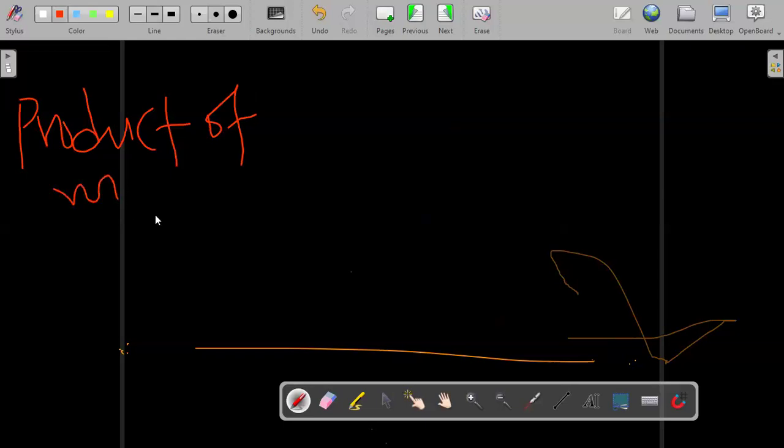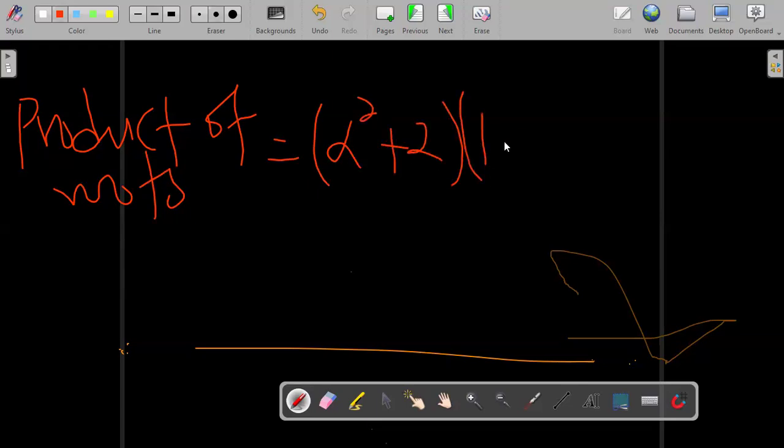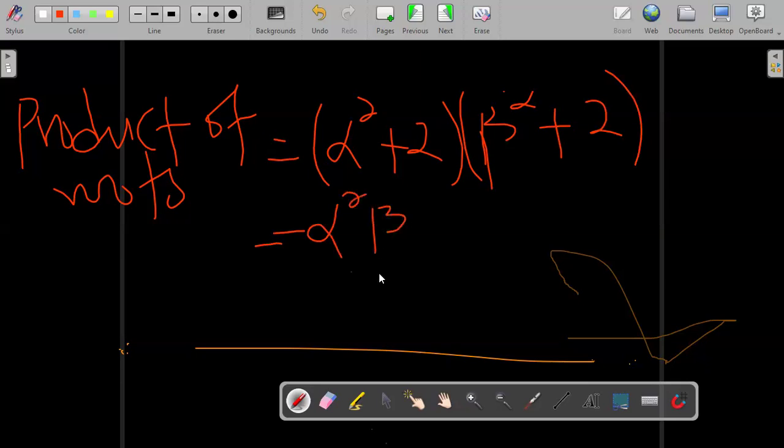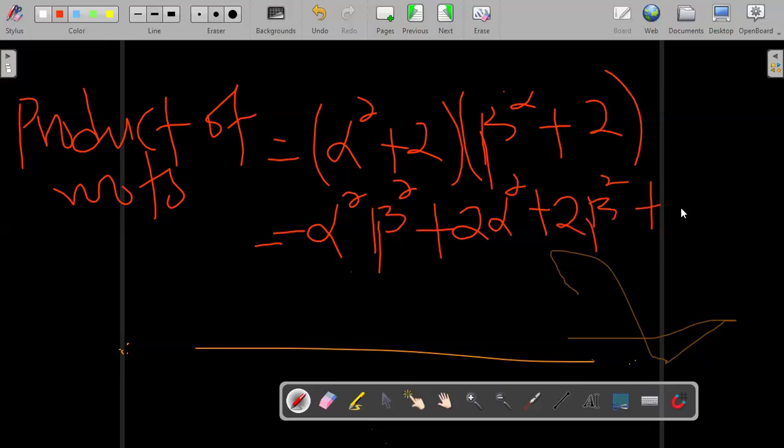Product of roots will give us alpha squared plus 2 times beta squared plus 2. So as we expand, that will give us alpha squared beta squared plus 2 alpha squared plus 2 beta squared plus 4.